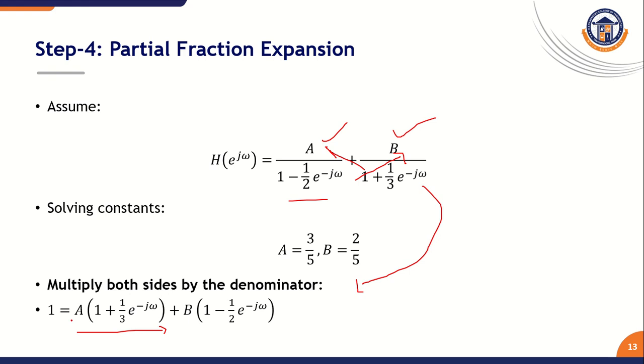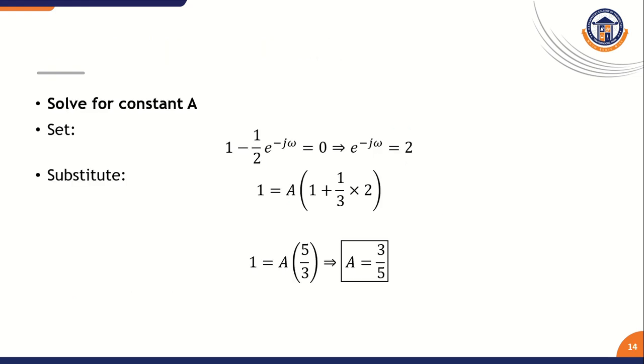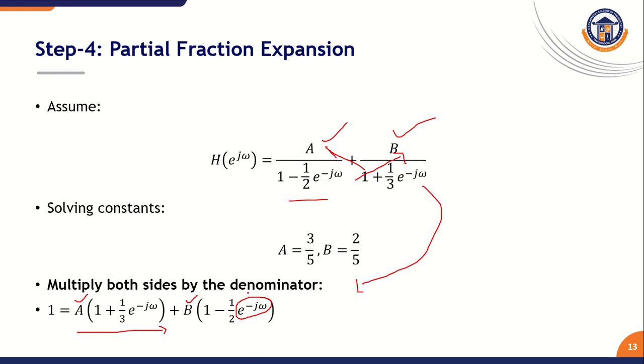From this we are able to find the A value and B value. We have to cancel either the A or B term by substituting a suitable value of e power minus j omega. Then only are we able to find the constants A and B. First, to find constant A, we have to cancel the B term. So we substitute e power minus j omega equal to 2.